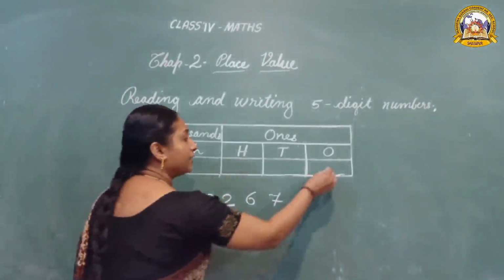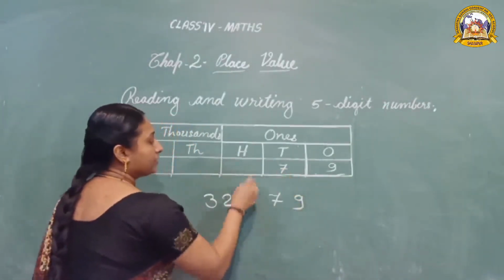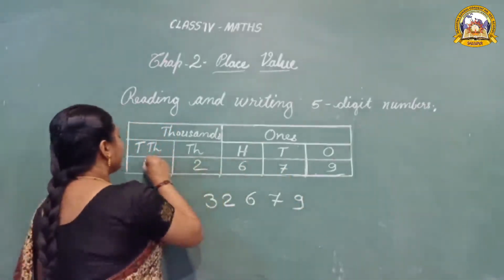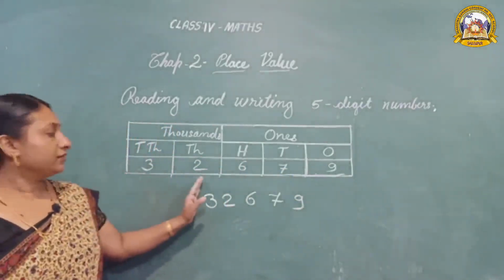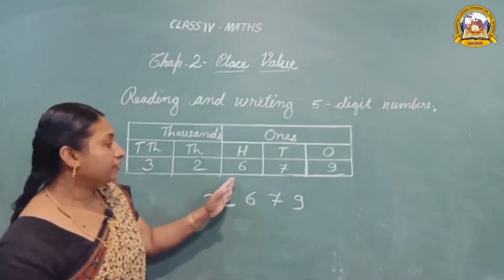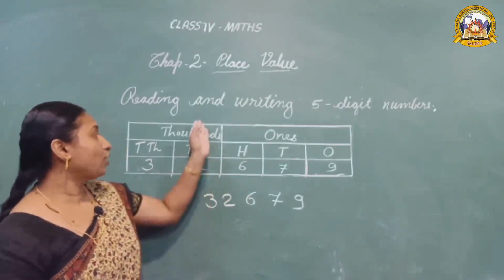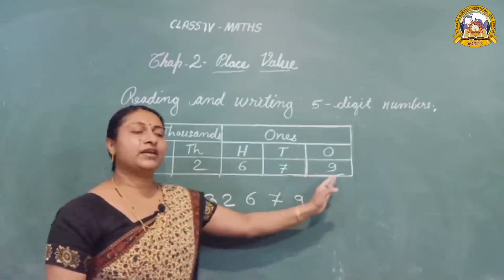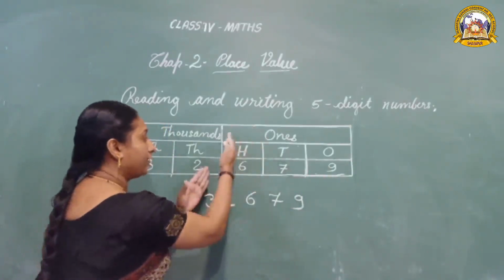How many ones are there? 9 ones, 7 tens, 6 hundreds, 2 thousands, 3 10,000s. Look here. How can we write it? 32 thousands. How many ones are there? 679 ones. So let us give a comma after a period.